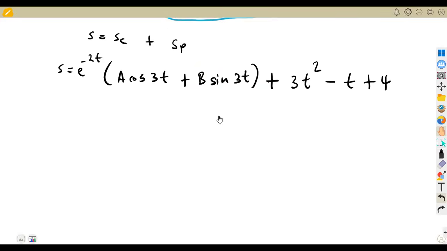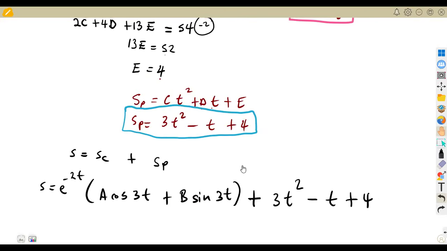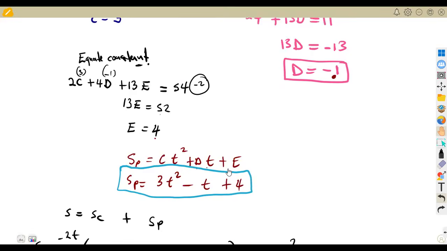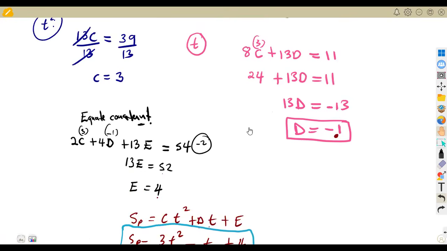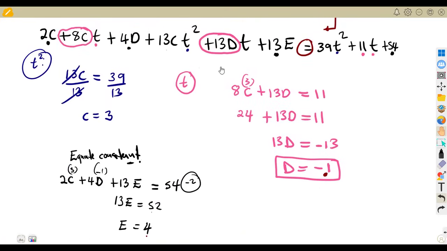So this is what I'm saying. Be careful here. On this part here, these values that we calculated for C, D, and E, do not confuse them. These values, they were for the particular integral.